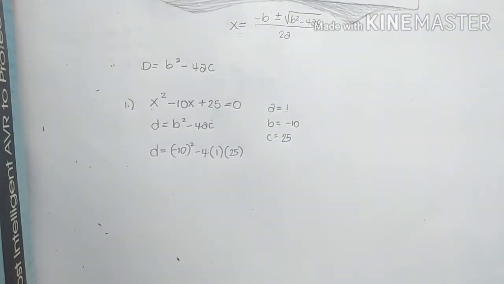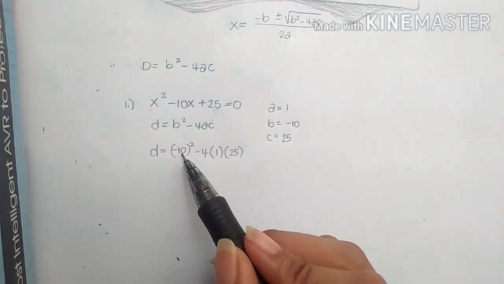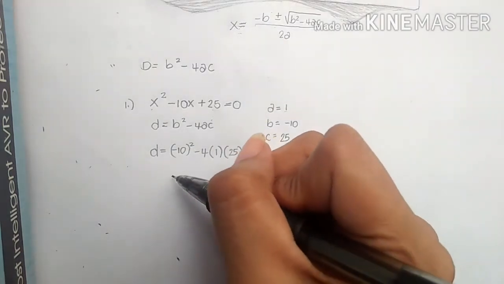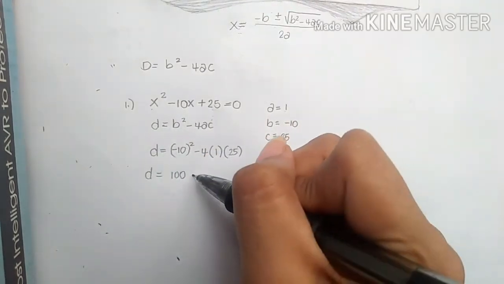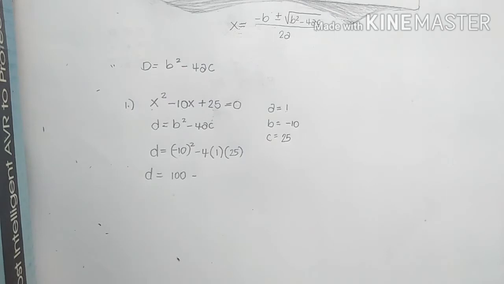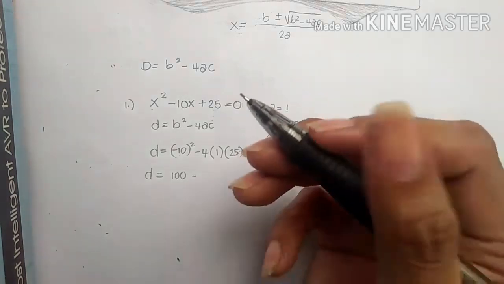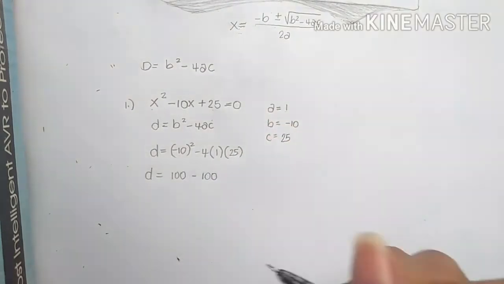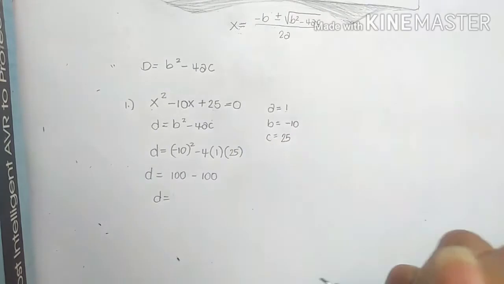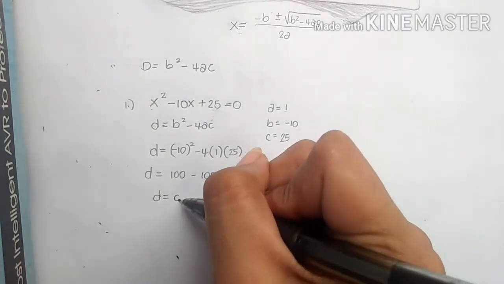So negative 10 times negative 10 is 100, minus 4 times 1 times 25, that's 100. So our D, 100 minus 100, is 0.